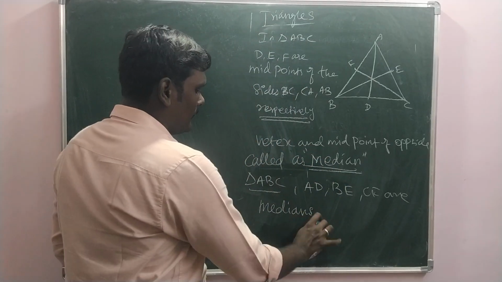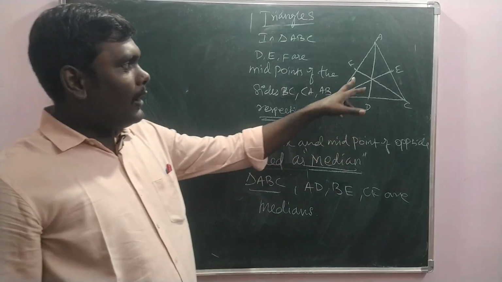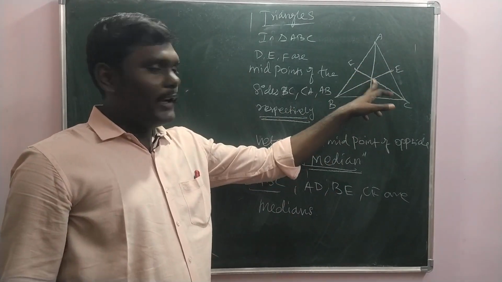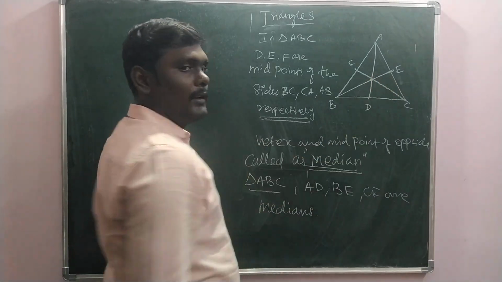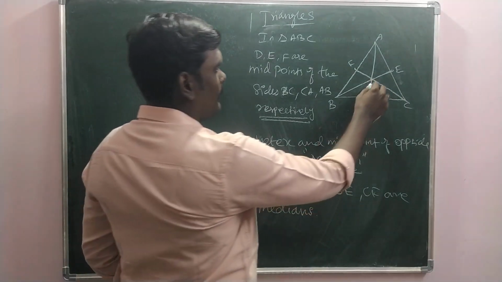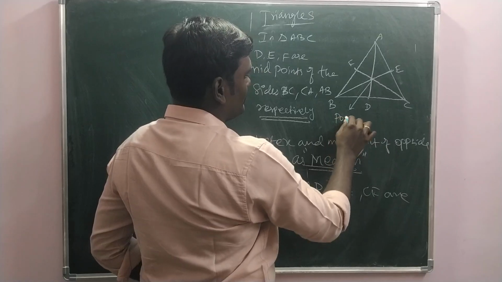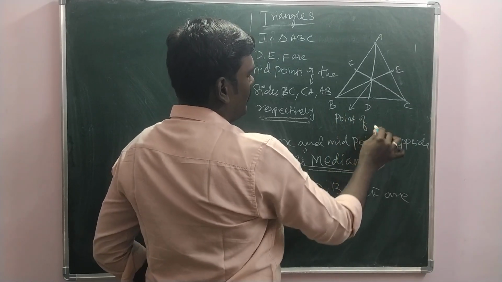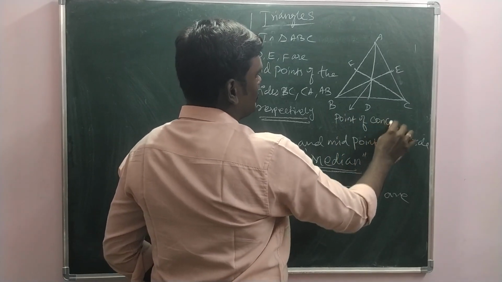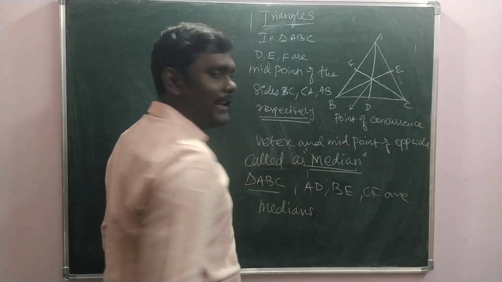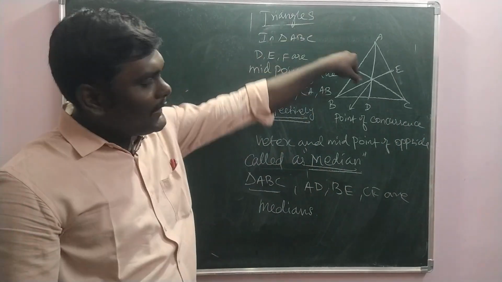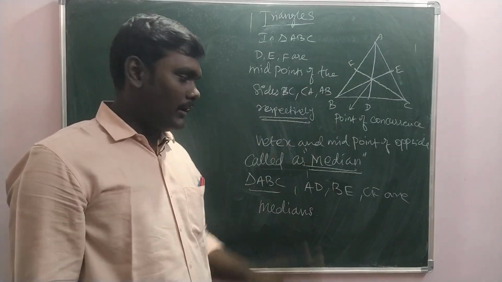Now, all these medians join at one point, right? Intersecting at one point. We call this point the point of concurrence. When three or more lines intersect at a point, it is a point of concurrence.